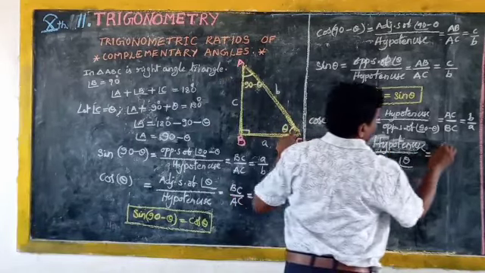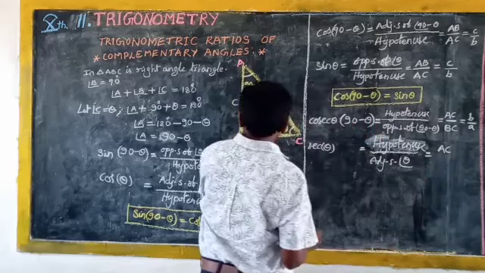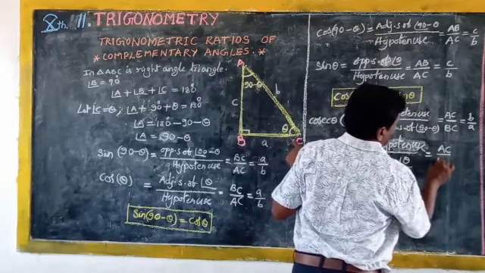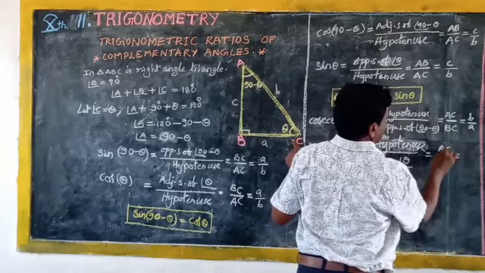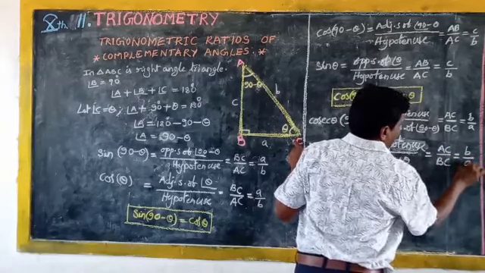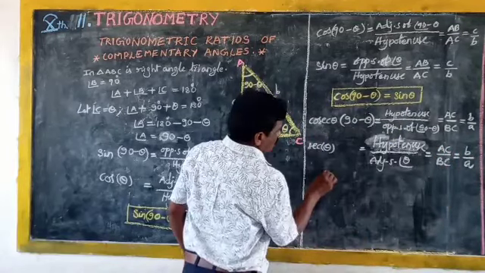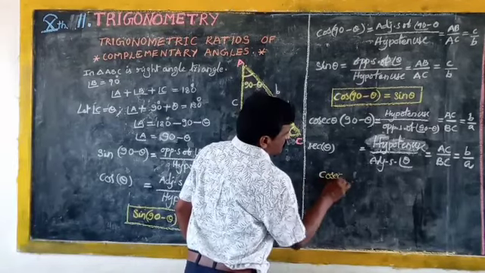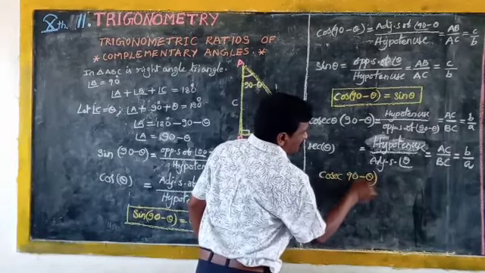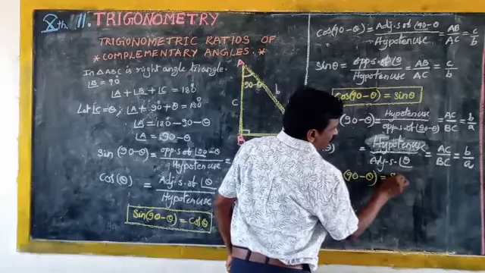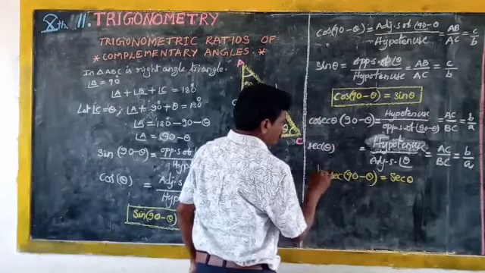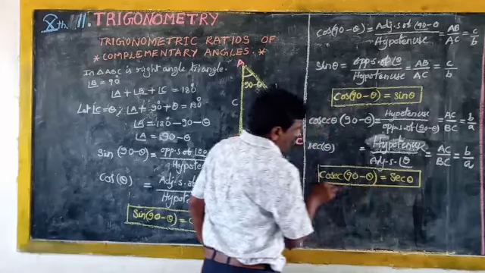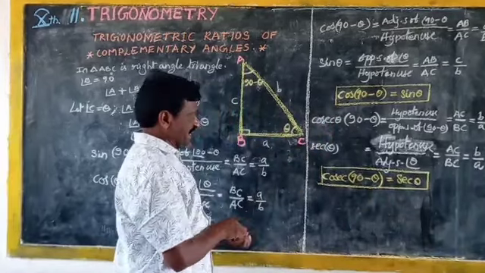Hypotenuse AC by adjacent side BC. AC is b, BC is a. So cosecant 90 minus theta is equal to secant theta. Cosecant 90 minus theta is equal to secant theta.